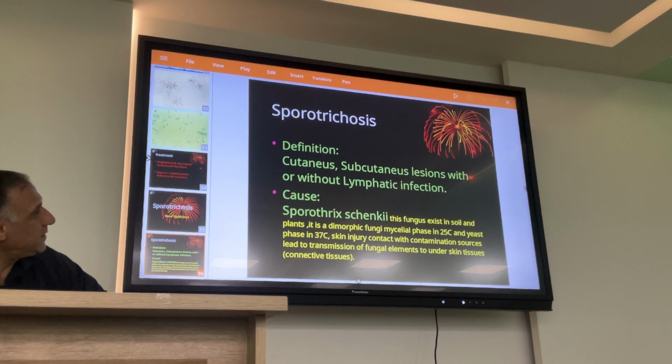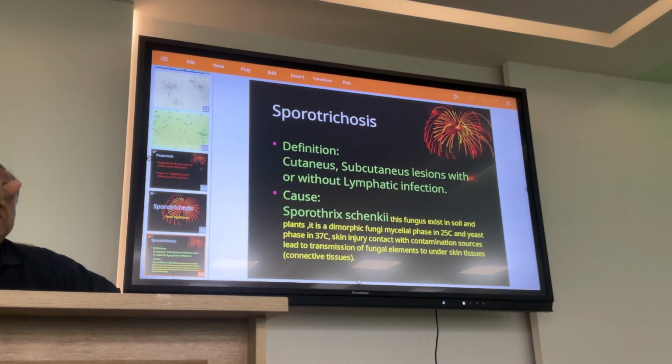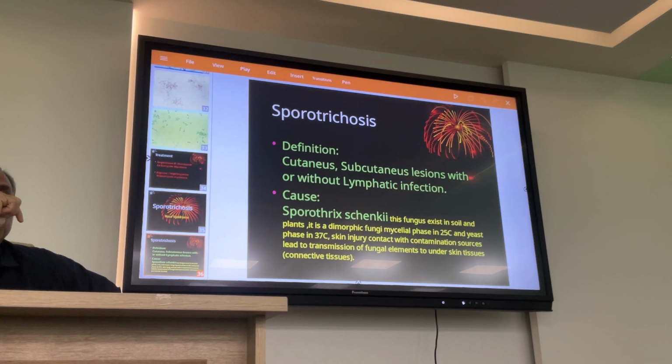This infection shows a skin lesion and sometimes lymphatic infection, lymphadenopathy.